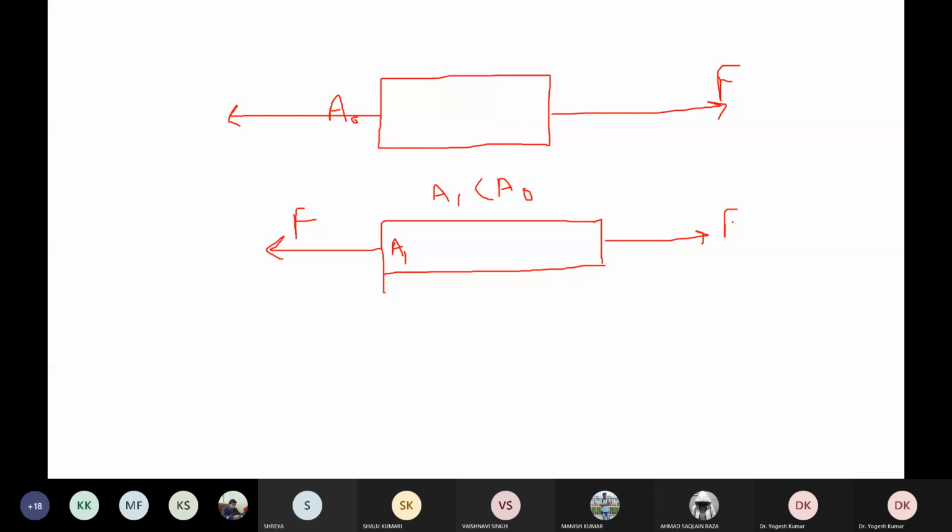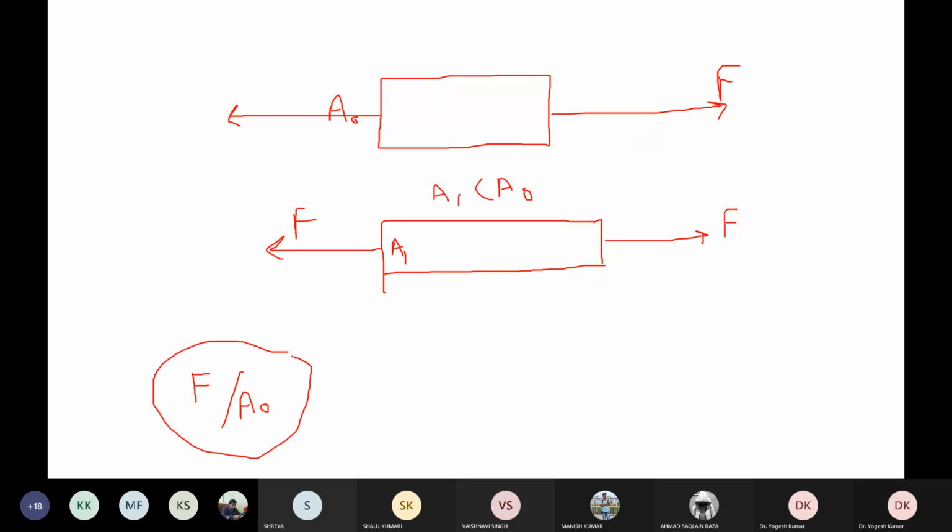Okay, so how would you calculate your engineering stress? Your stress will be given as F upon your original cross-sectional area. This we have studied in our previous classes, or maybe in physics, in the 11th or 12th, you might have studied how stress is calculated.